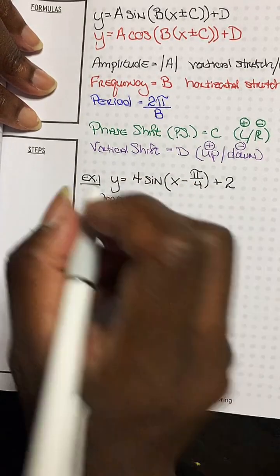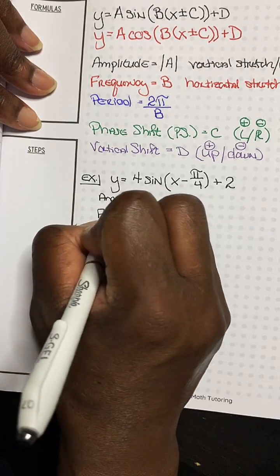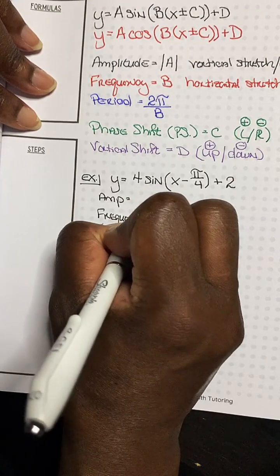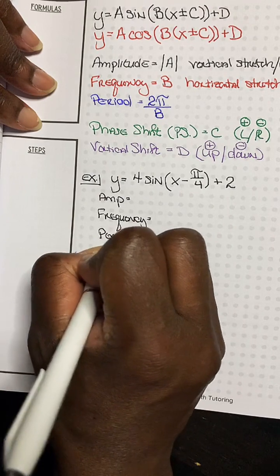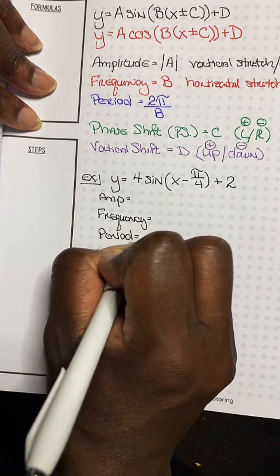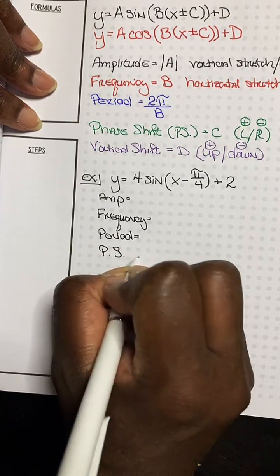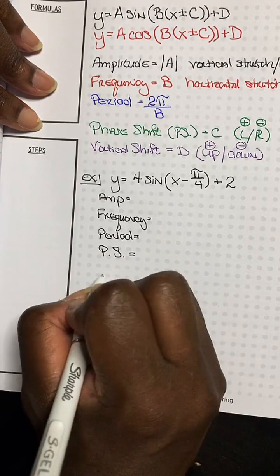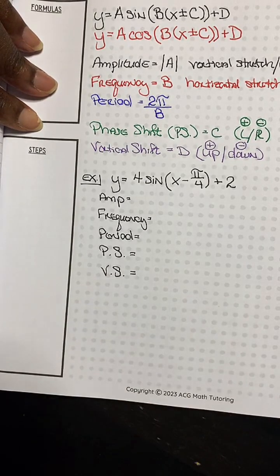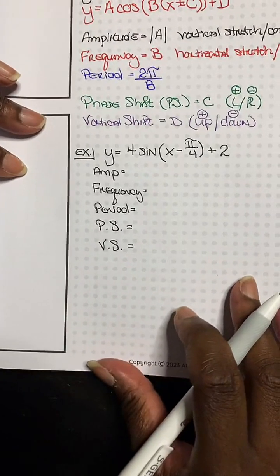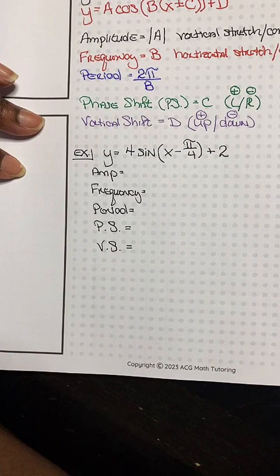Let's see if we can identify the amplitude, the frequency, the period, phase shift, which I'm just going to put PS, and vertical shift, VS. Okay? Now, there are going to be times that you don't have one or the other, and that's fine. You can say none if you don't have something.